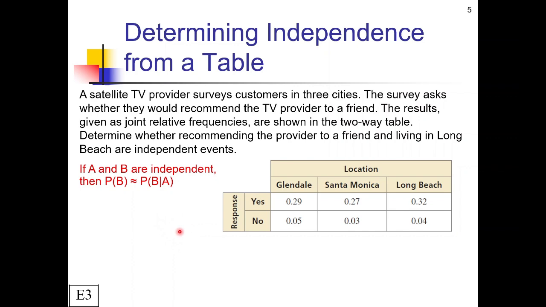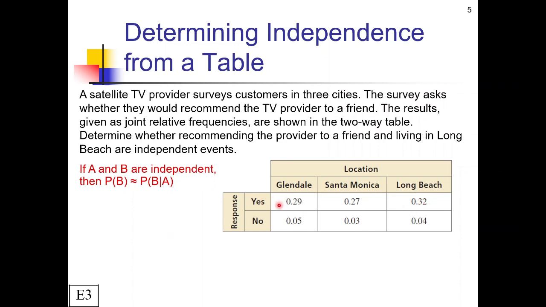Okay, so our two events again, living in Long Beach and recommending a friend. Let's just think of recommending our friend, yes, as kind of our event B in this situation. So what we're going to do is figure out if the probability of just yes, regardless of location, is roughly the same as the probability of yes given Long Beach as the location.